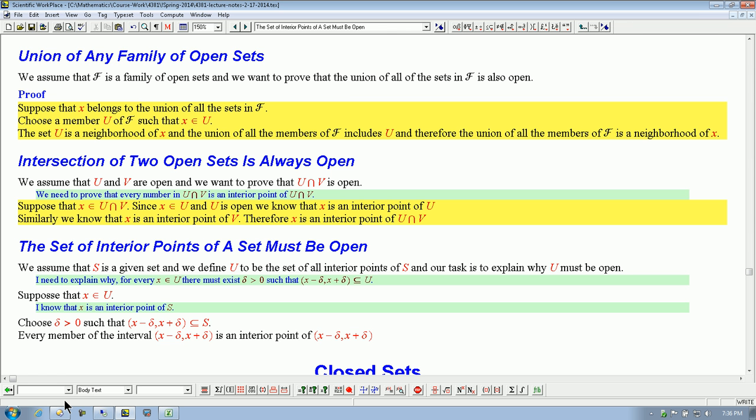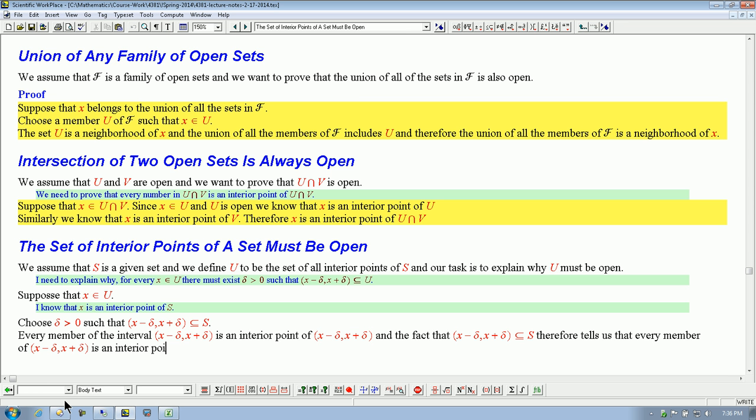And the fact that this interval is a subset of S, therefore, tells us that every member of this interval is an interior point of S. And the interior points of S belong to U.